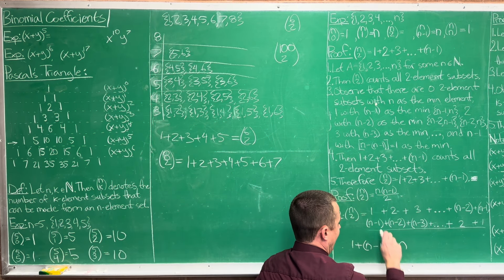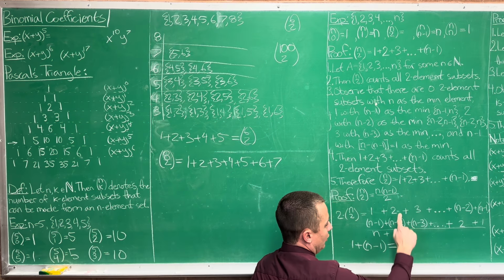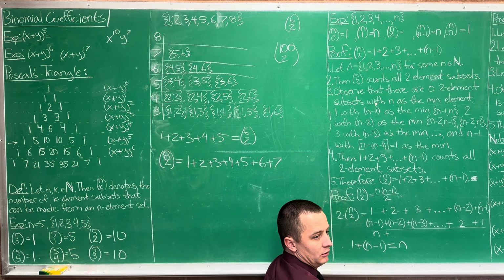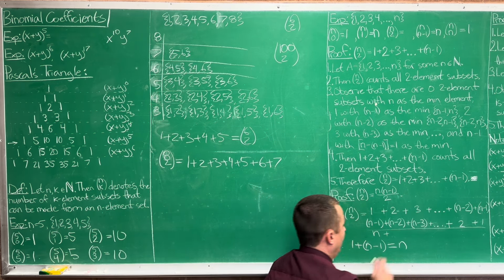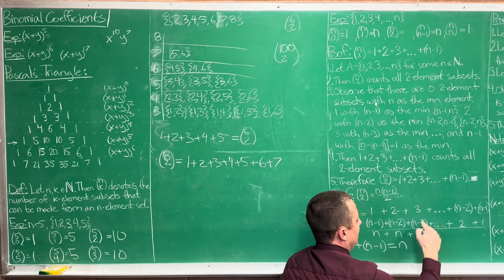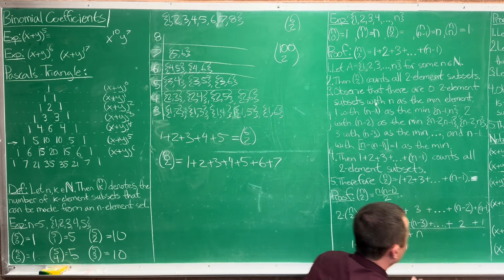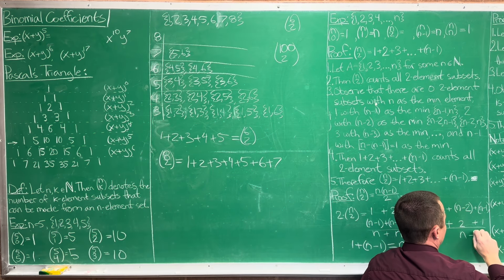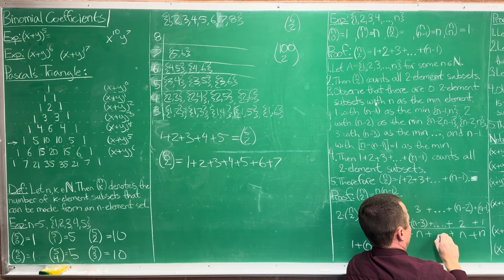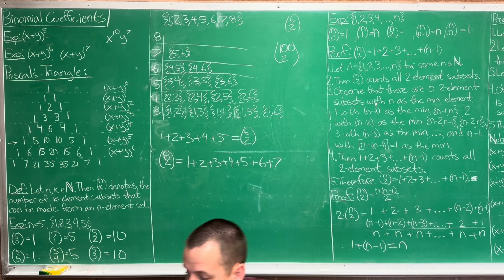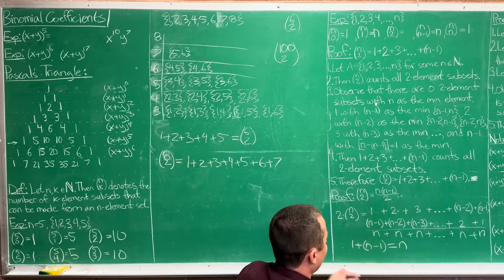So these two add together to just give us n. What's 2 plus n minus 2? n. What's 3 plus n minus 3? n. If I keep doing this, plus n plus n. So we keep getting n every single time if we do this tricky way of adding it up.